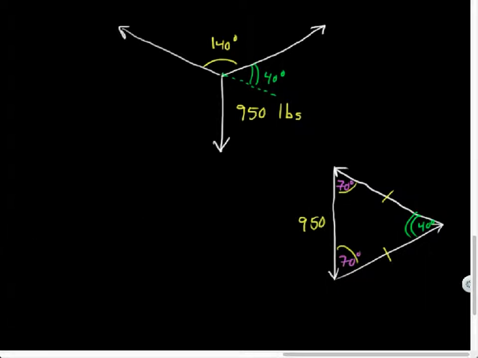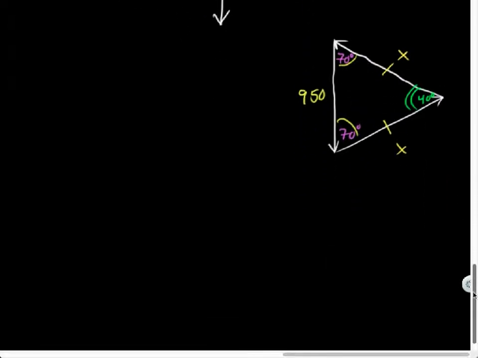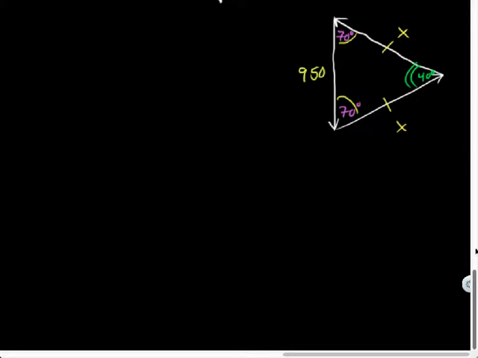All right, so the magnitude I'm looking for is either this or this. I could just call those some variable x, or F for force, or whatever I want. This is a non-right triangle. What do I do to solve for x?